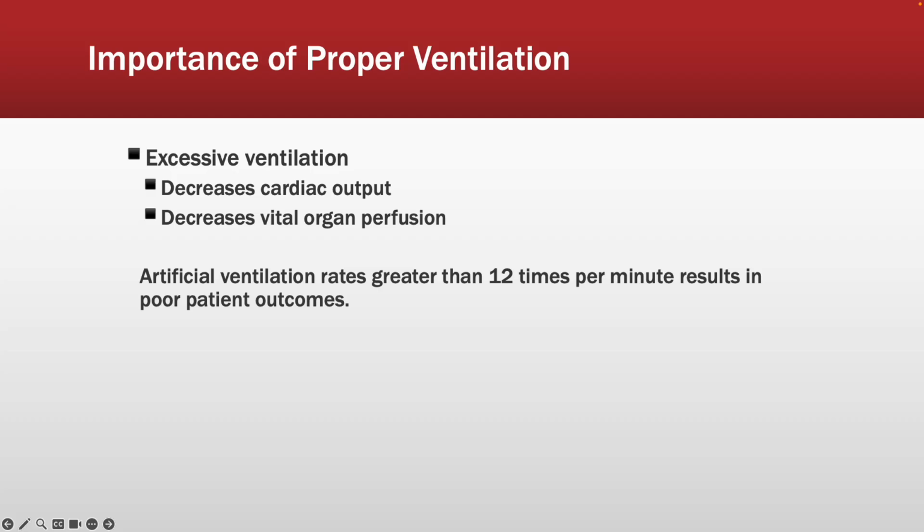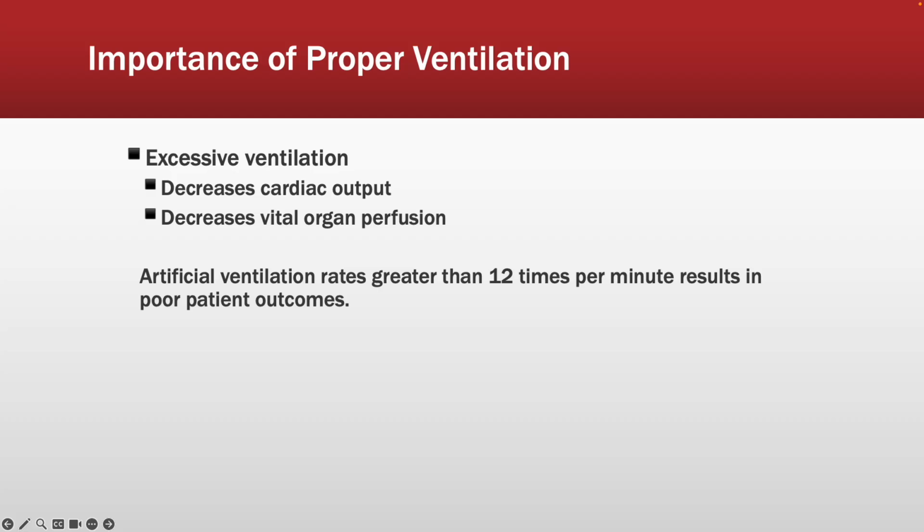Excessive ventilation also decreases vital organ perfusion. So we want to be very conscious about how we're ventilating and how aggressive we're being, making sure we're ventilating at an adequate rate and volume that is not going to be harmful to the patient, right?